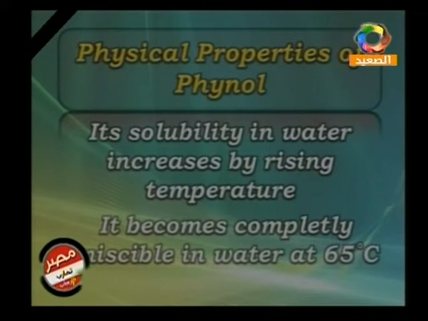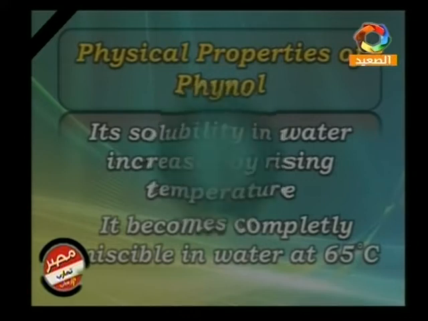If you have an exam and are asked to write two or three physical properties of phenol, you must write these things, okay? It's very important to know that it becomes completely miscible in water at 65 degrees centigrade.